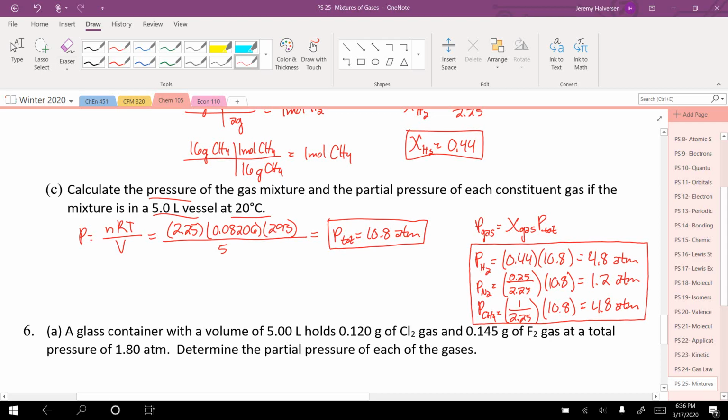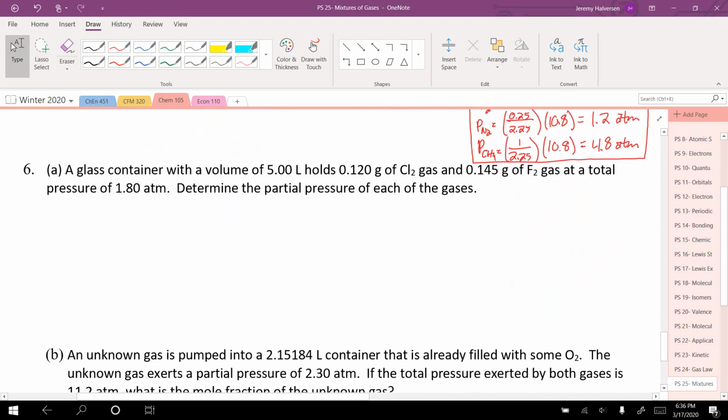All right, number 6. A gas container with a volume of 5 liters holds 0.12 grams of chlorine and 0.145 grams of fluorine at a total pressure of 1.8 atmospheres. Determine the partial pressure of each of the gases.